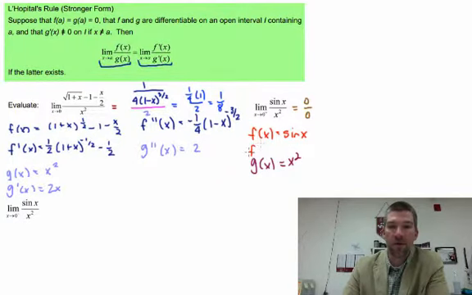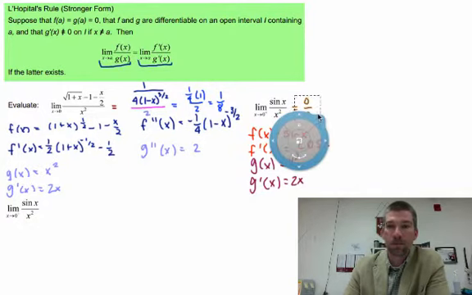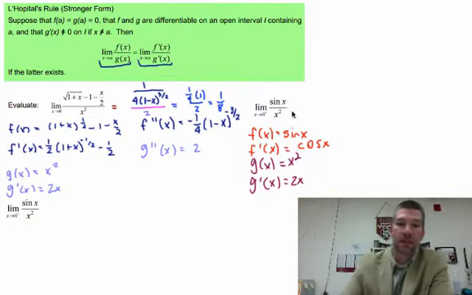Deriving the sine of x gets me cosine of x. Deriving g of x gets me 2x. So take the derivative of the top, derivative of the bottom, and then put them right back into the limiting process here.